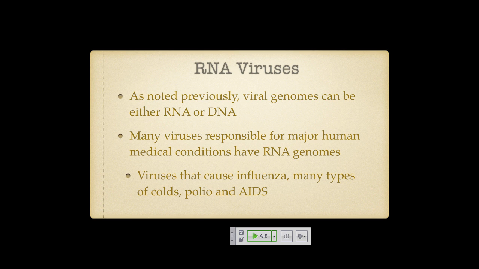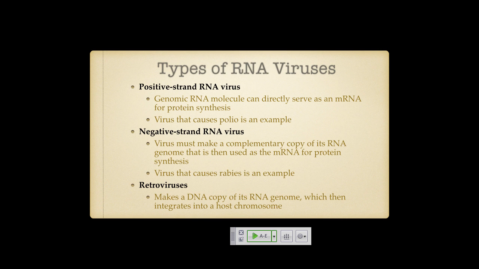Okay, you've got to stay with me because this is going to get confusing. So these RNA viruses we're going to talk about: positive strand, negative strand, and the retroviruses.